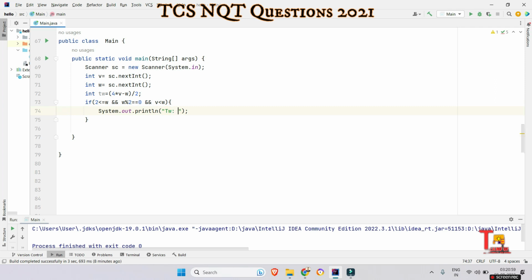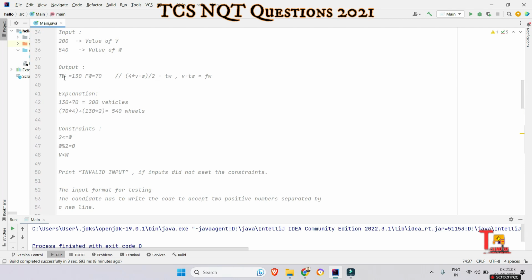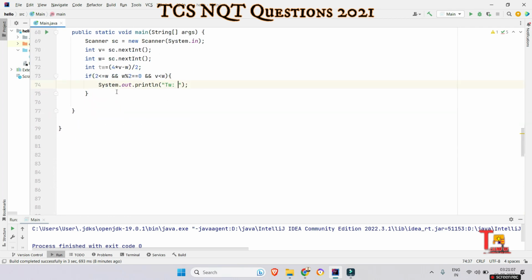How was the output format? Two wheelers is equal to this and four wheelers is equal to this. All are capital, right? So two wheelers are actually these, right?